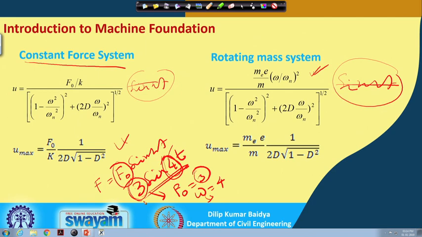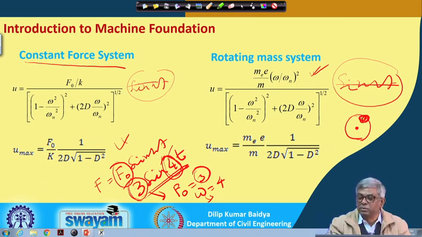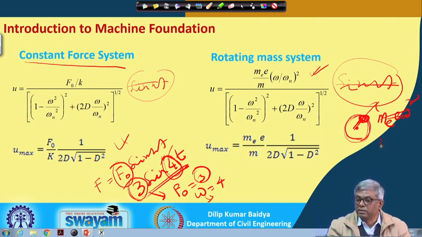Another thing I have mentioned is the rotating mass system, that means, as I have shown before many times, in a system there is an eccentric mass rotating with respect to some radius about some center. This mass will produce some centrifugal force which will be equal to m e times omega square, or I can write m e into r into omega square. This r is actually the radius, which is nothing but the eccentricity also.